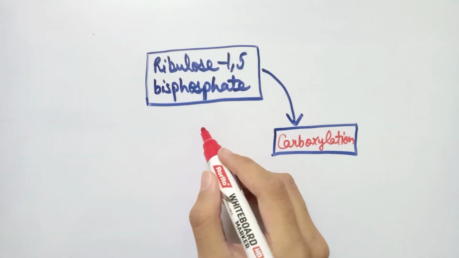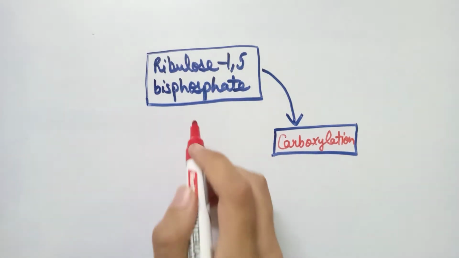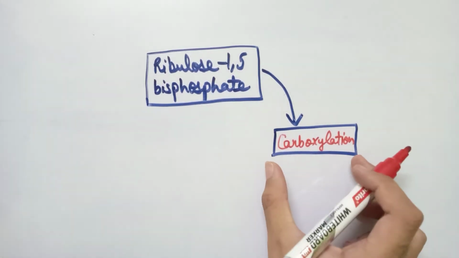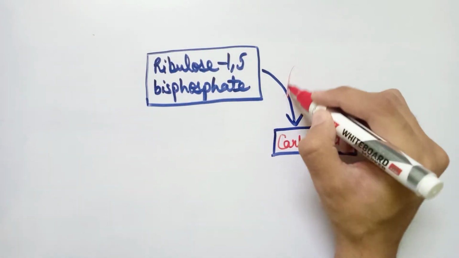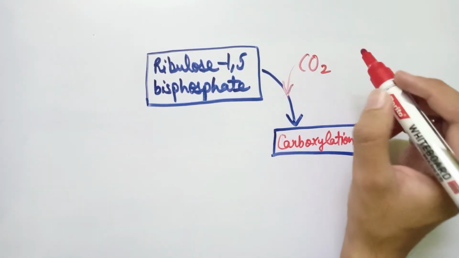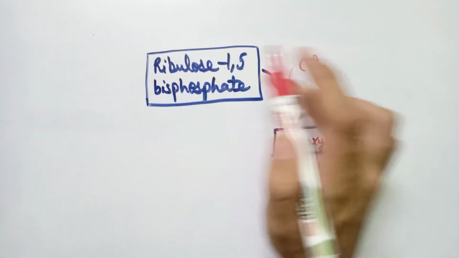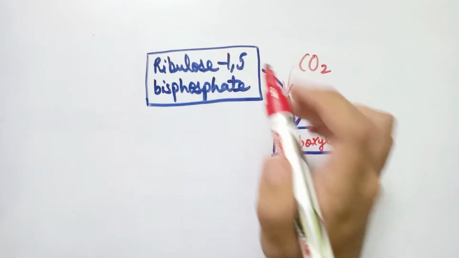Now, in the Calvin cycle, the first step is the carboxylation step. In the carboxylation step, CO2 is utilized in the carboxylation of ribulose 1,5 bisphosphate.